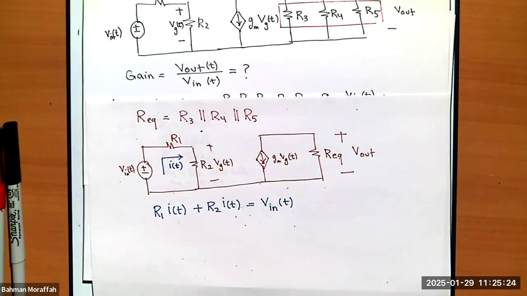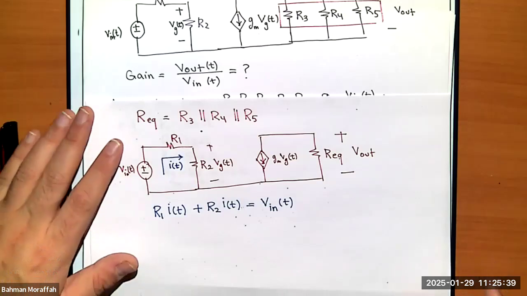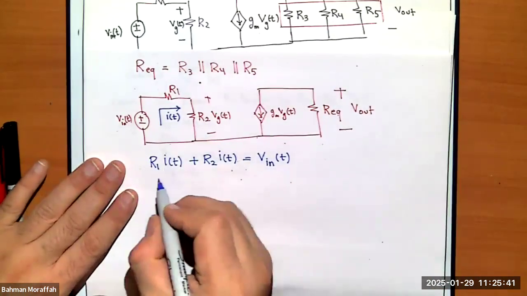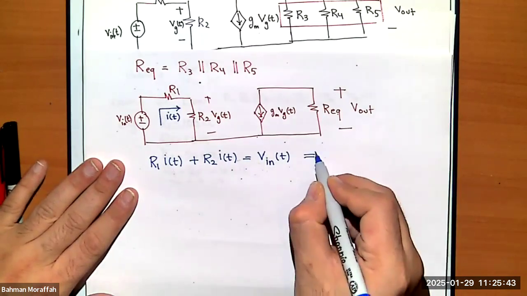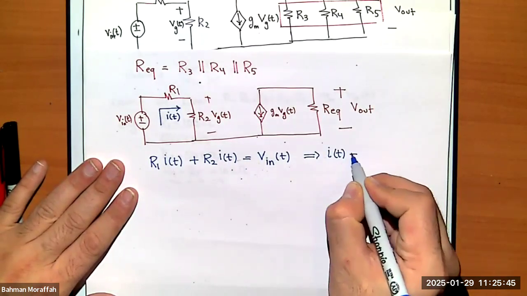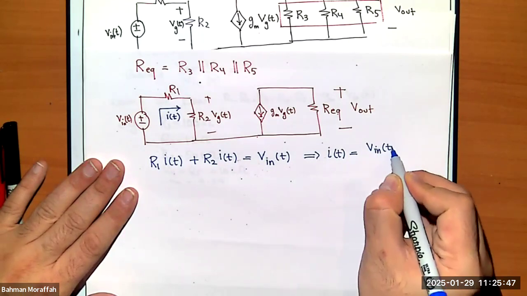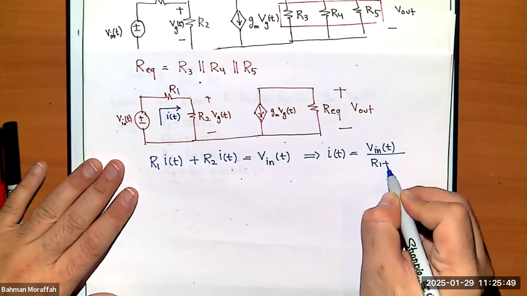Because what KVL was telling us was if I loop around a closed loop and I add up all the voltages, that should add up to 0. And that's exactly what this is, right? I know R1 and R2, so I can factor out this IT, and I can compute IT as Vin of t divided by R1 plus R2.